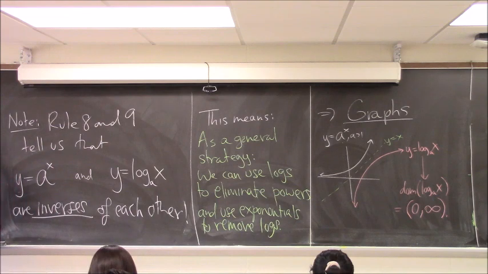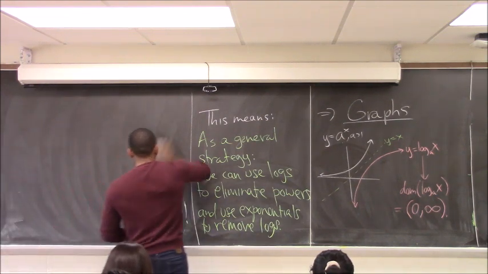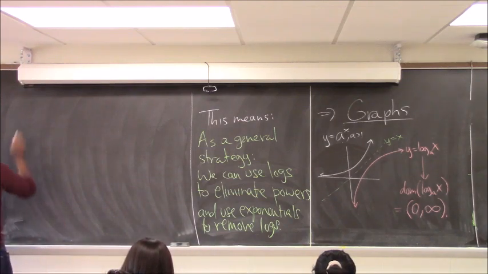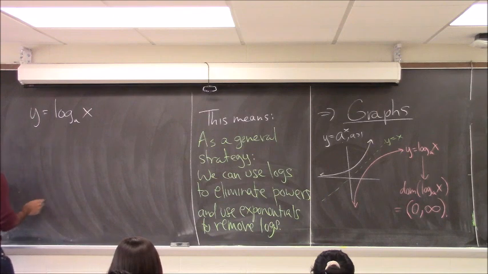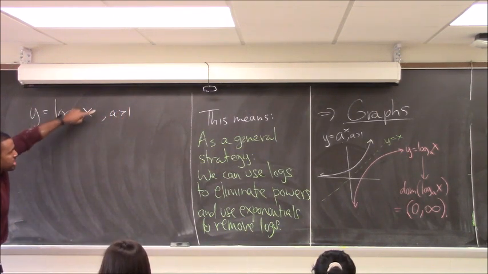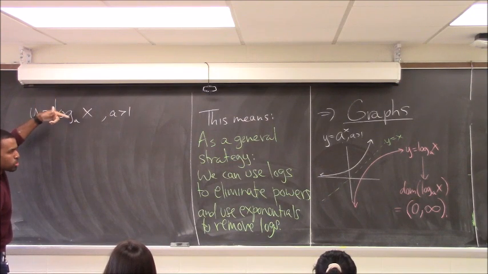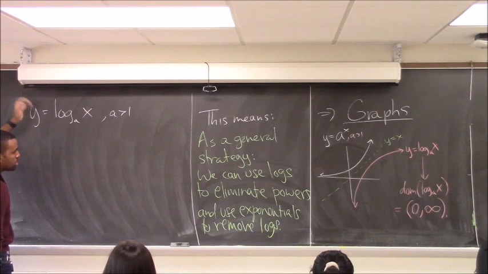So that's the main graph here. So y equals log to the base a of x, where, for the same reason as with the exponential, we only care about a being greater than 1, because being equal to 1 doesn't really make any sense: if the base is 1, the answer is always going to be 1.